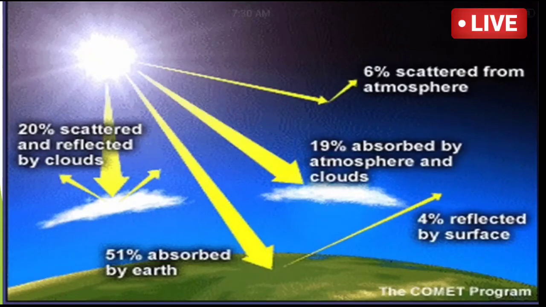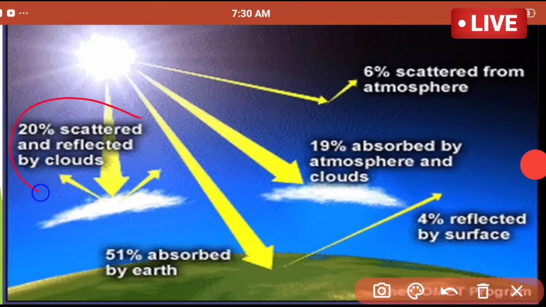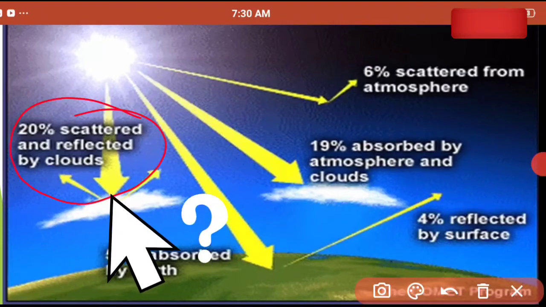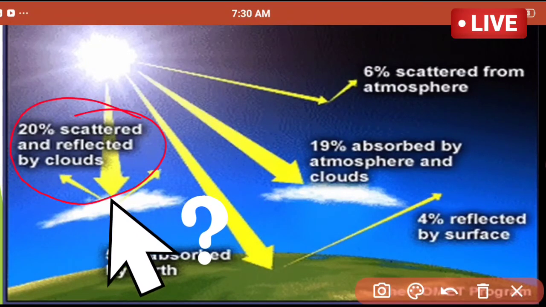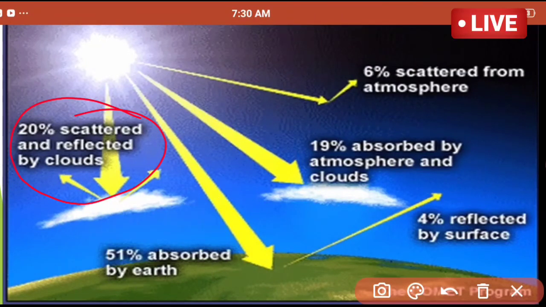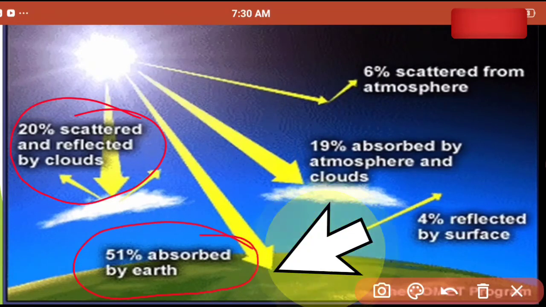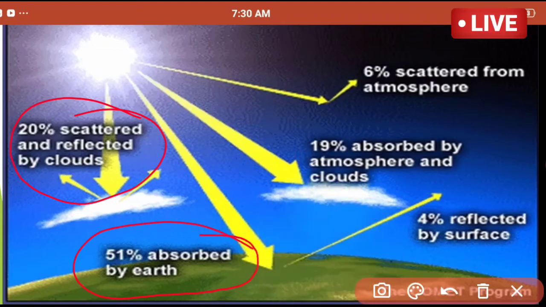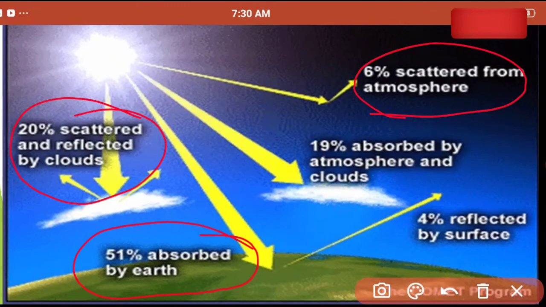You can observe here, 20% of energy is scattered and reflected by the clouds. Next one, only 51% is absorbed by the earth, and the remaining: 6% scattered from the atmosphere, 19% absorbed by the atmosphere and clouds, and 4% reflected by the surface.